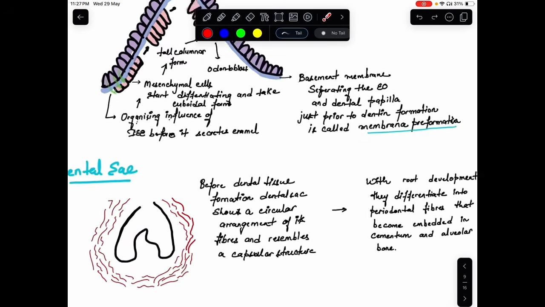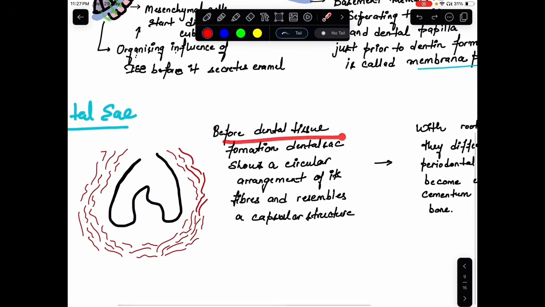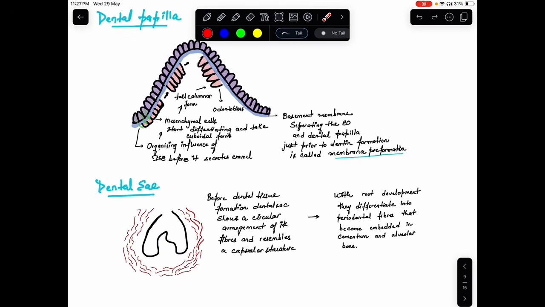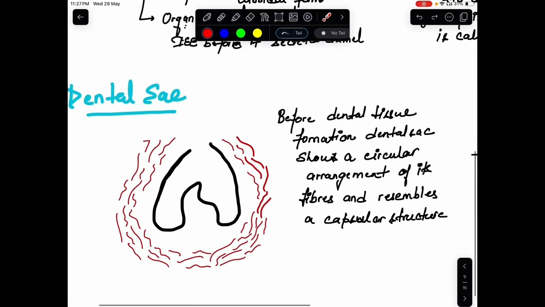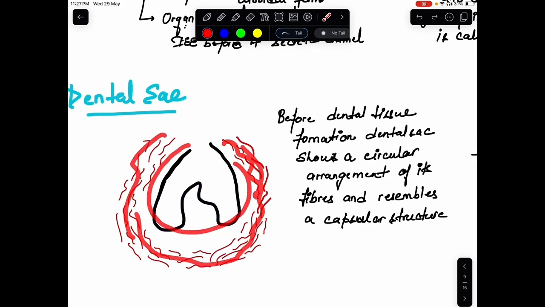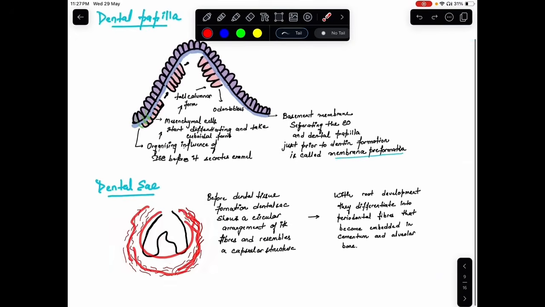Now the dental sac. Before dental tissue formation, the dental sac shows a circular arrangement of its fibers and resembles a capsular structure. In the cap stage, we saw that it was showing condensation of the fibers. So the dental sac forms a capsular structure around the enamel organ, with a very dense structure of fibers around it.